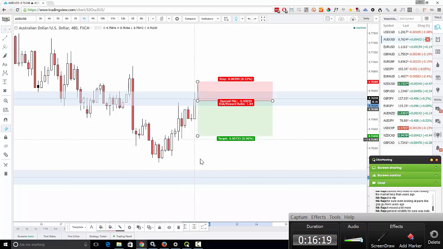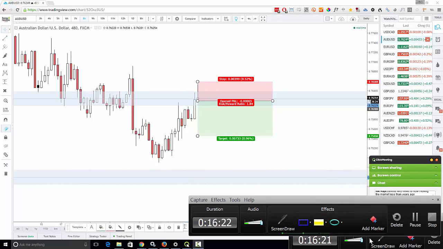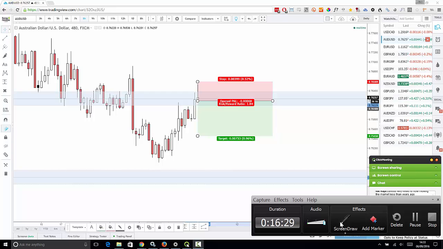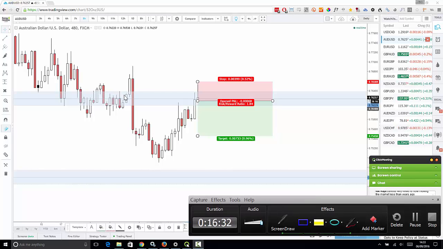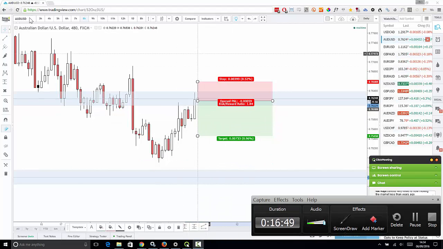Reason I'm thinking target could be good up here is because of this minor bounce here. Sorry, not that one. This minor bounce here. It kind of lines up with there. You know, price might stall there, might bounce away. I don't know, but we still got a 1.84 risk to reward ratio down here. And if you were to put it down to here, you get a much better risk to reward ratio. So yeah, we have some potential on AUD USD 8 hour. Worth keeping an eye on, definitely.